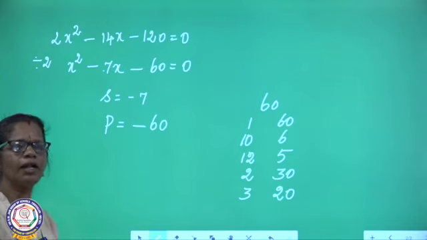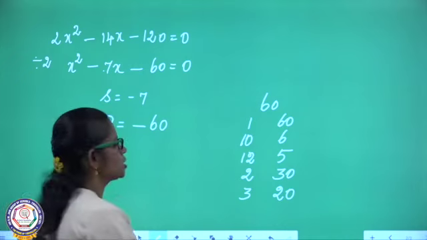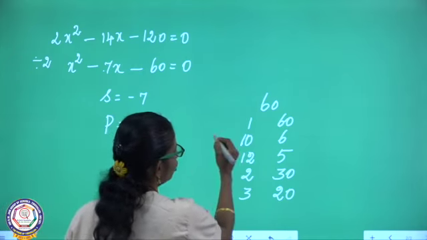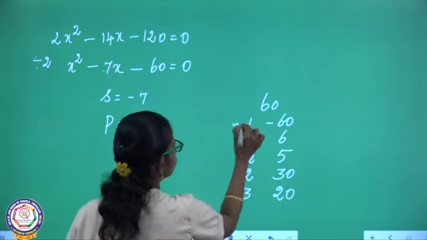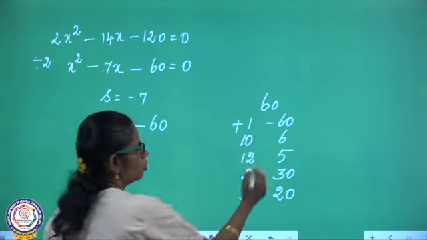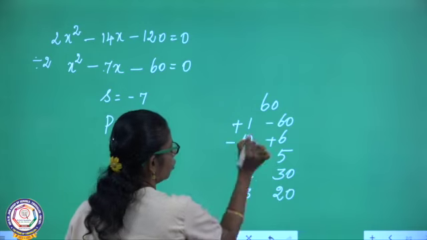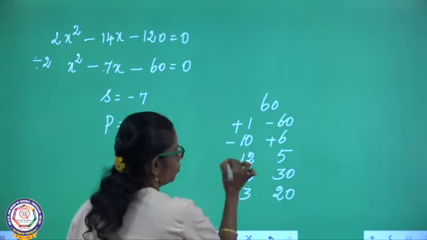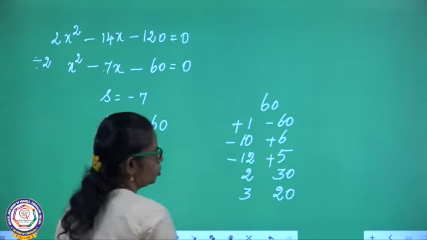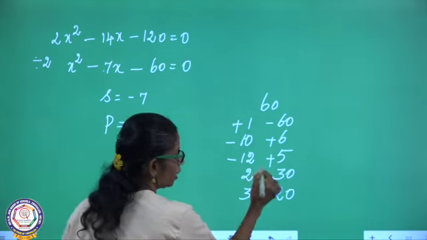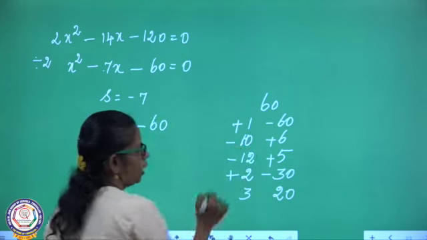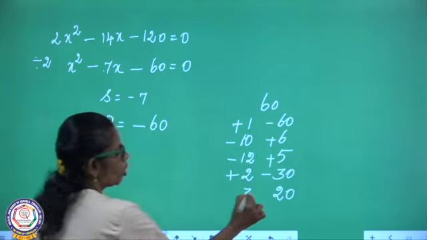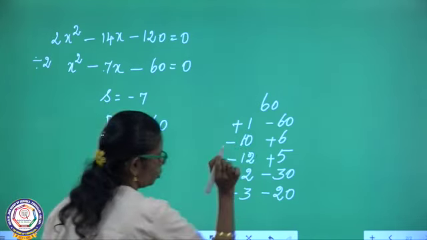So, the bigger number is negative and the smaller number is positive. You should recall this on and off: bigger number negative, smaller number positive.